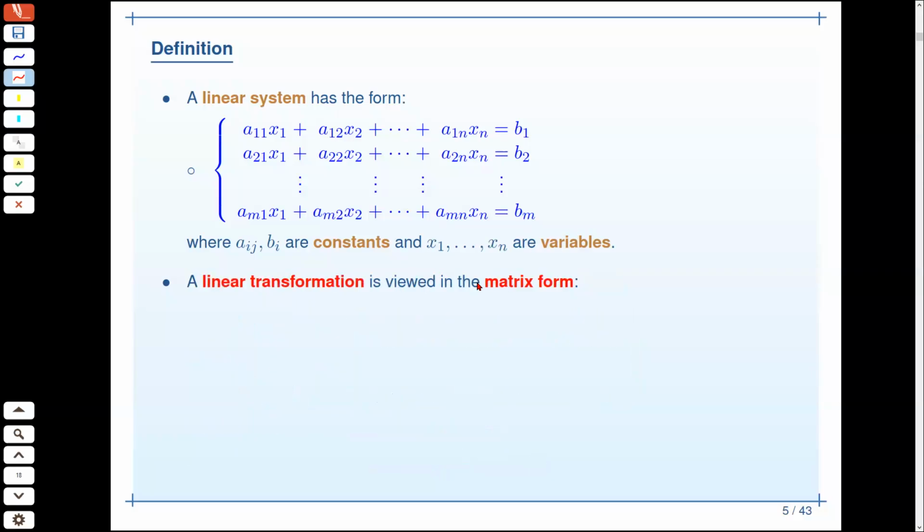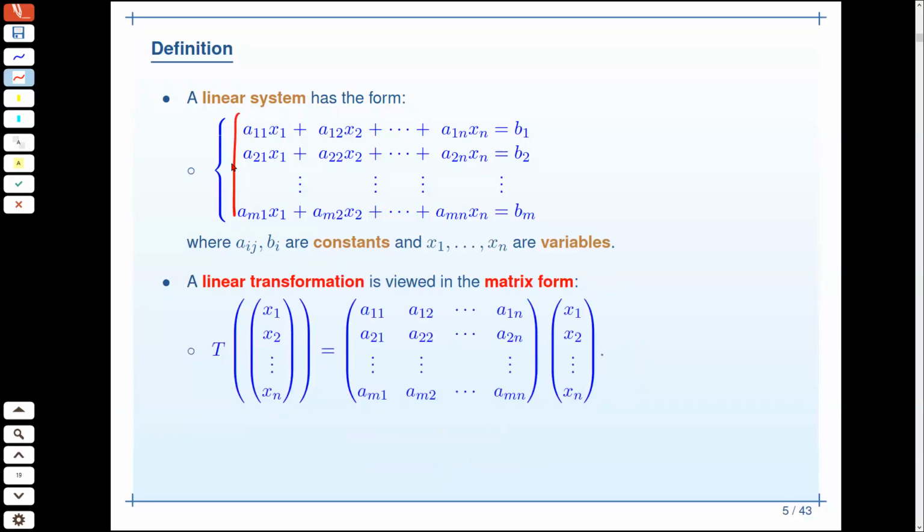A linear transformation can be written in the matrix form. Just now we see this part definitely can be written in the matrix form, as we see in chapter 2. So this is a vector. This is a matrix, which is the coefficient matrix of the linear system. And this is again the variable.